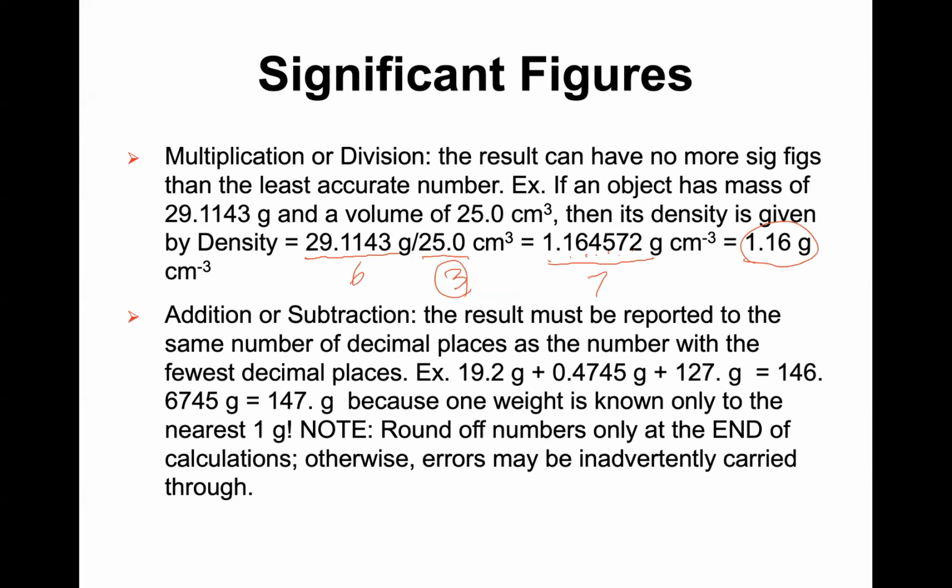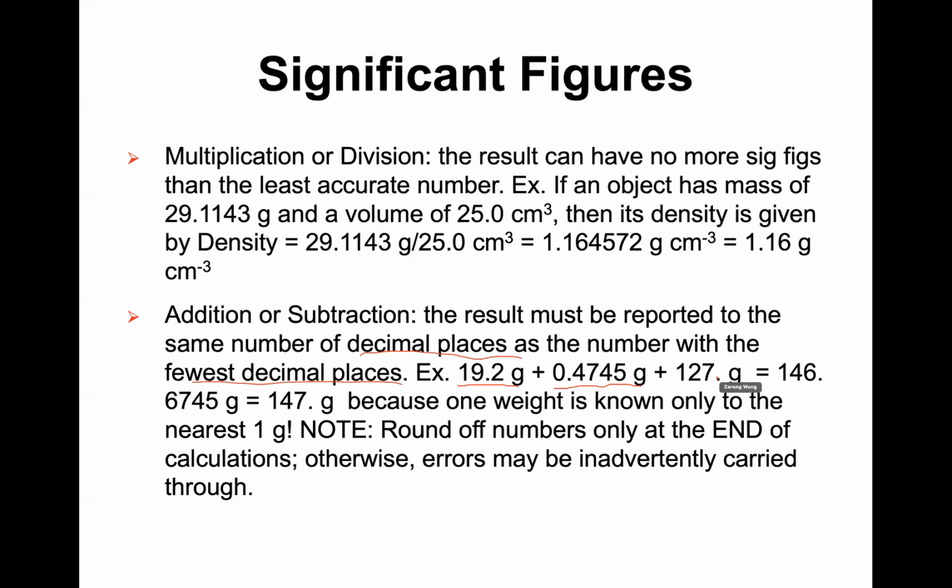That's 3 significant numbers. Now, when we do addition and subtraction, the situation changes. In this case, the result must be reported to the same number of decimal places as the number with the fewest decimal places. Let's look at the example: this is 19.2 grams, this is 0.4745 grams, and this is 127 grams.